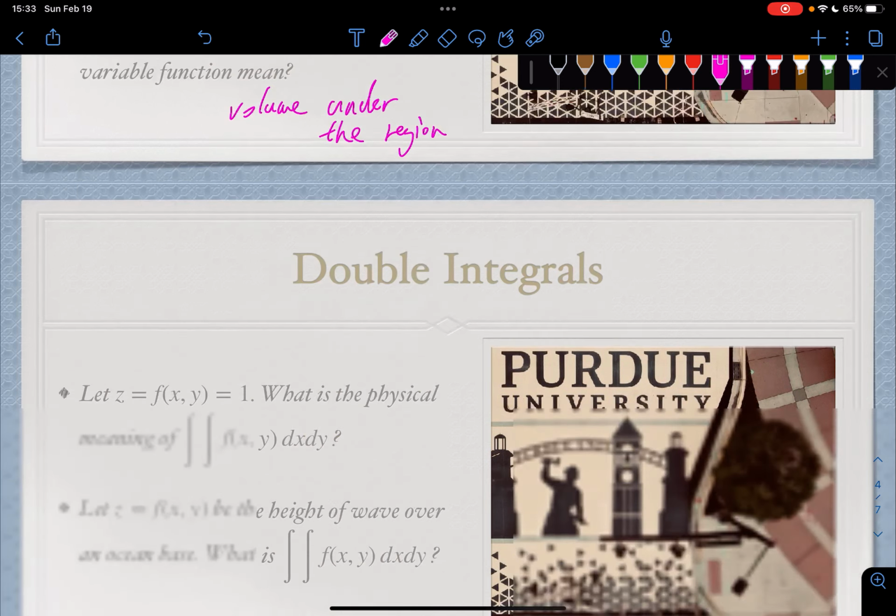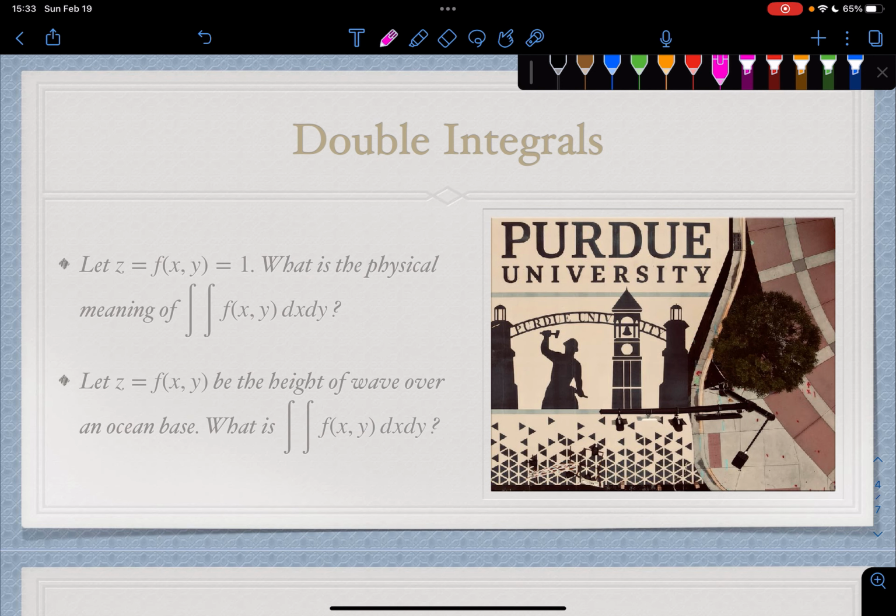Okay, so for example, let z equal a function of x, f(x), and y equal 1. What is the physical meaning of this function? As we have discussed before, if the integrand equals 1, think about the integral as adding a dimension.